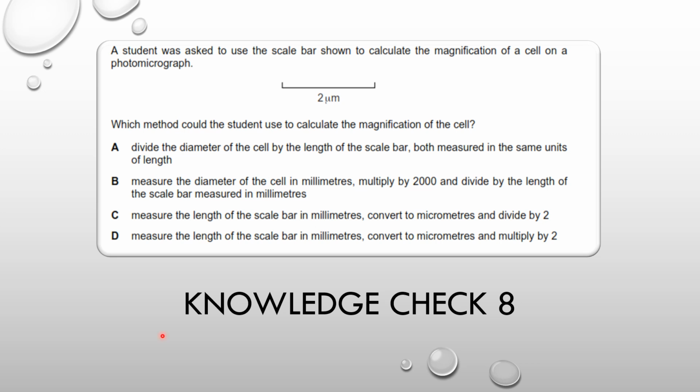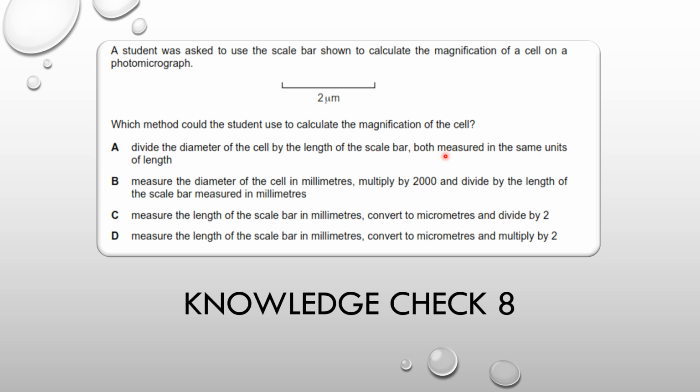The student was asked to use the scale bar shown to calculate the magnification of a cell on a photomicrograph. Which method could the student use to calculate magnification of the cell? You have to measure the scale bar and convert it to micrometers. Now look at A: divide the diameter of the cell by the length of the scale bar.